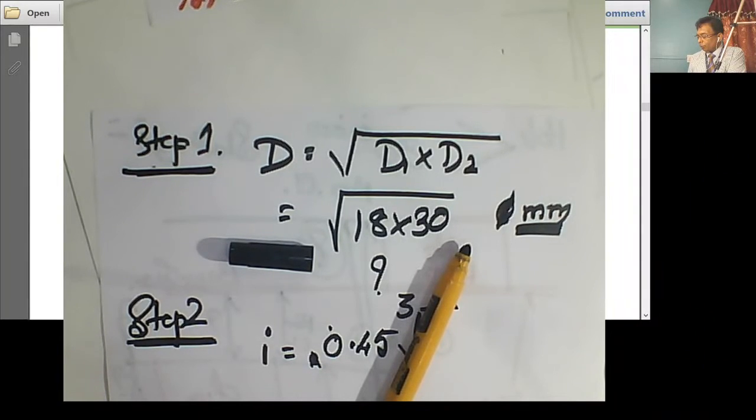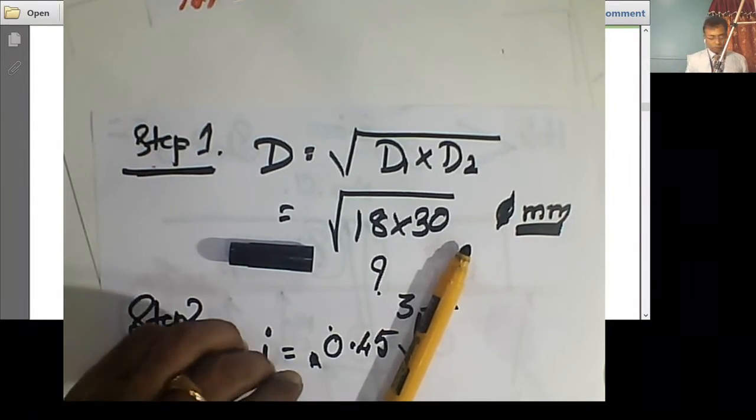Square root of, then cube root of, right? 18 into 30. One sec. Yeah, this is 23.23 mm.